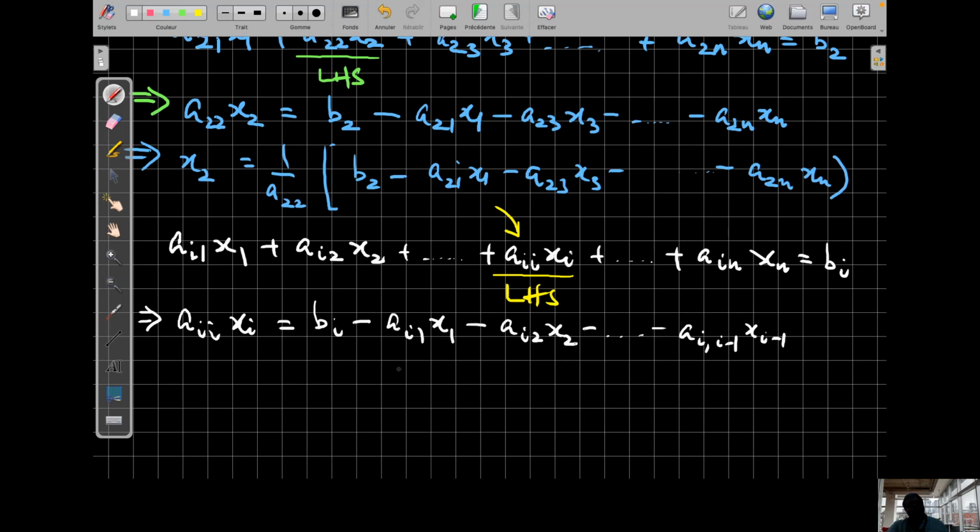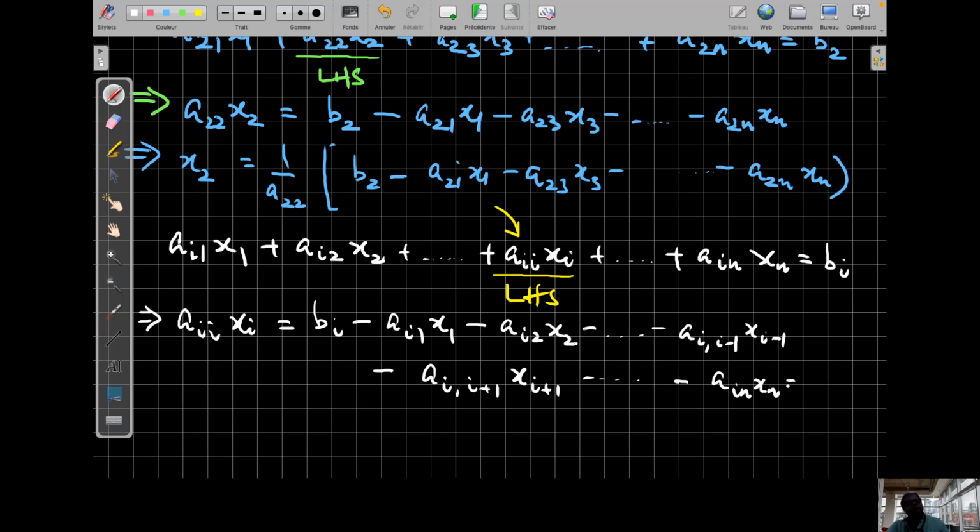And then it goes forward to x_i+1. So you have a_i,i+1 x_i+1, and so on and so forth to a_in x_n, and this will be it. Okay, so this is how it is.